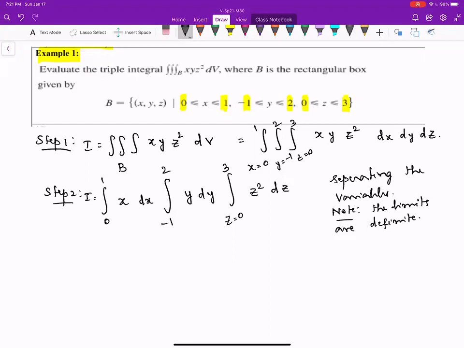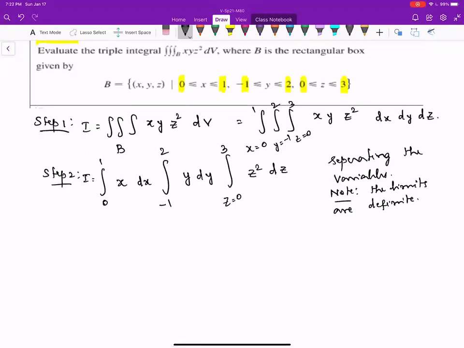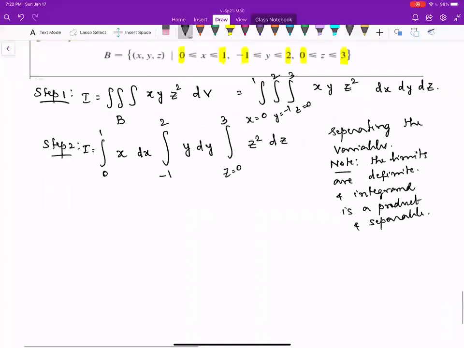The limits are definite, therefore we are able to separate them. Also the integrand is a product and separable. That's why we were able to separate these integrals like this.